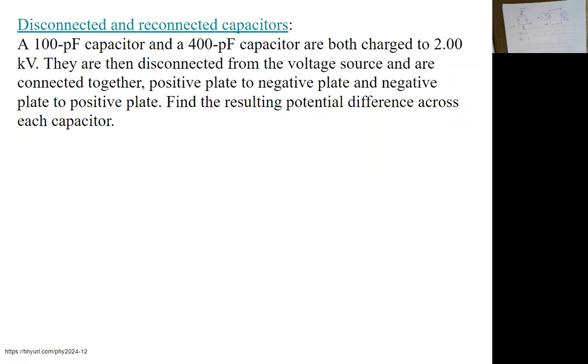It's asking you now to find the resulting potential differences across each capacitor. So what would be V1, and afterwards V2?